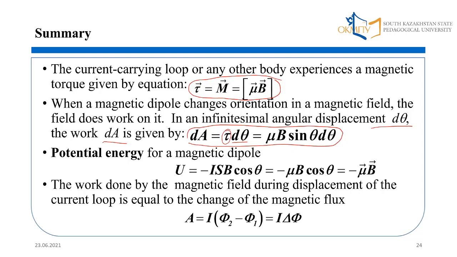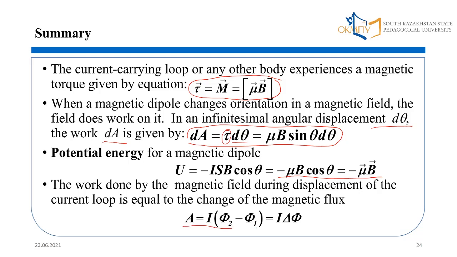Potential energy for a magnetic dipole is equal to the negative of the scalar product of the magnetic dipole moment and the magnetic field. The work done by the magnetic field during displacement of the current loop is equal to the change of the magnetic flux.